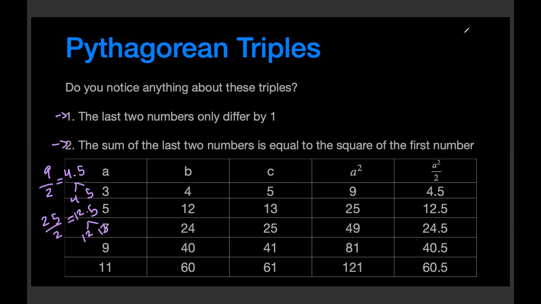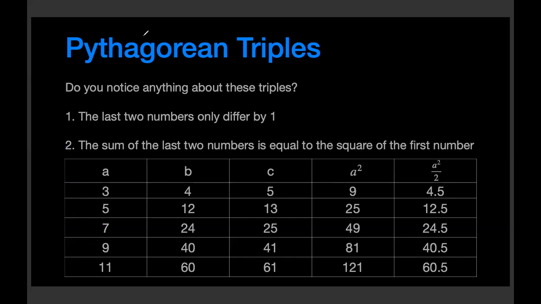I'm just trying to make sure this is all in your heads, because on the next slide, we're going to build our own triple off of just the first number. So how do you feel about building one of these? Feel good? All right, let's do it.